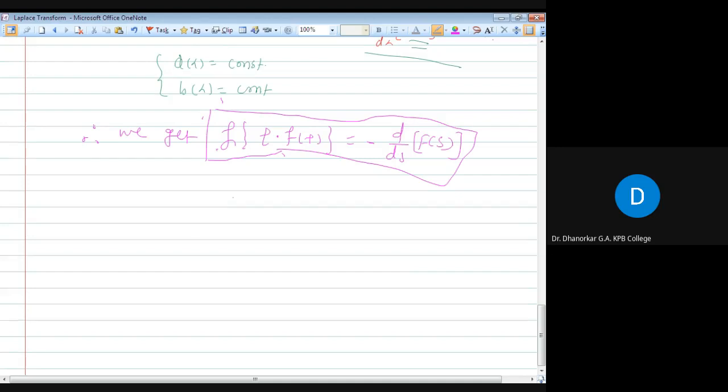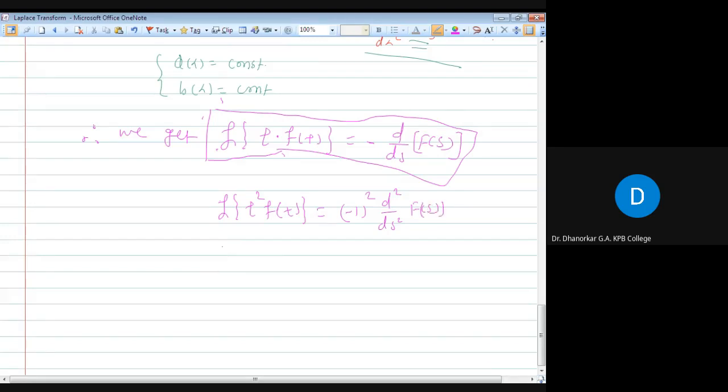In a similar way, if we differentiate again, you will get the Laplace transform of t square into f of t is equal to minus 1 raised to power 2 into d square by ds square, the second derivative, of f of s.